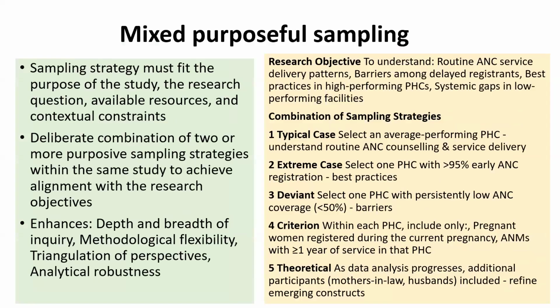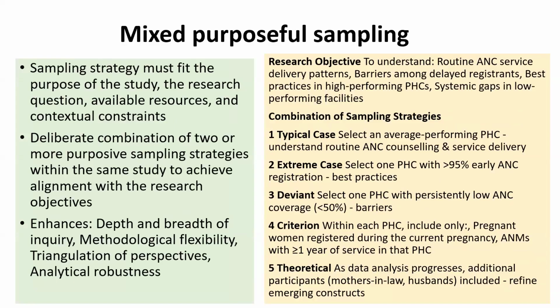And then of course, if your research objective is very broad and you have many secondary objectives which you want to fulfill, then you will use a mix of these purposive sampling techniques. So you could use typical case plus extreme and deviant cases. You may include some criterion also.